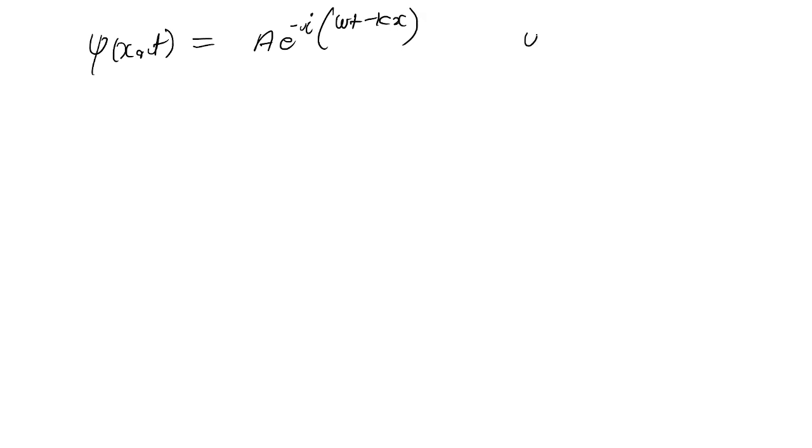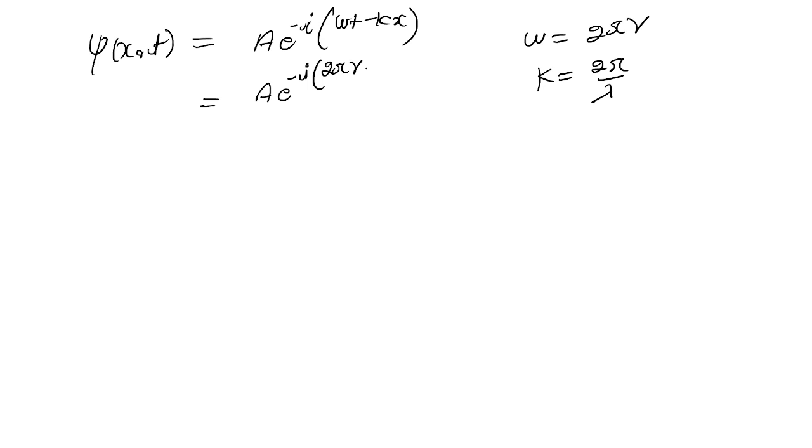From here we know that the value of omega is 2 pi nu, and k is 2 pi over lambda. Put the values here: A e to the power minus I, 2 pi nu t minus 2 pi over lambda x.